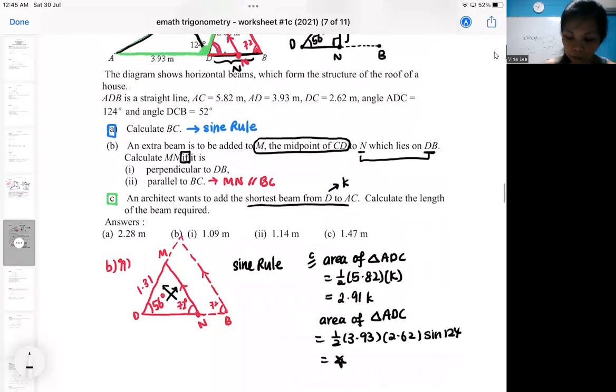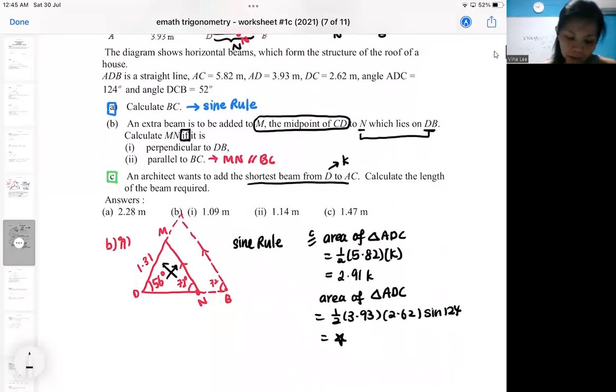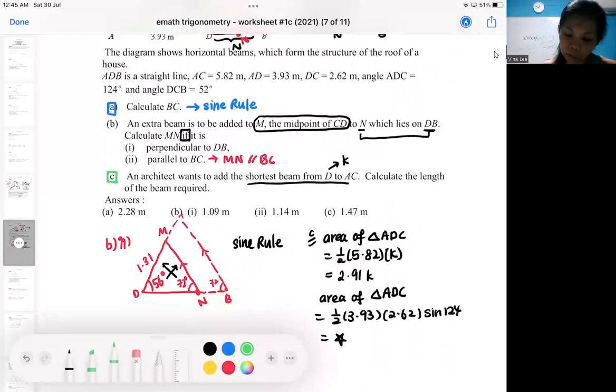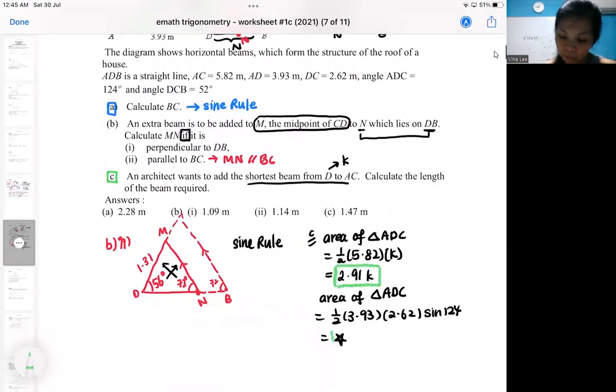So you punch it out, you will get a value. So the idea here is these two will be the same value because we are talking about the same triangle, just that we're using different methods. So if you use 2.91K equal to half AB sine C, you can divide to find K.